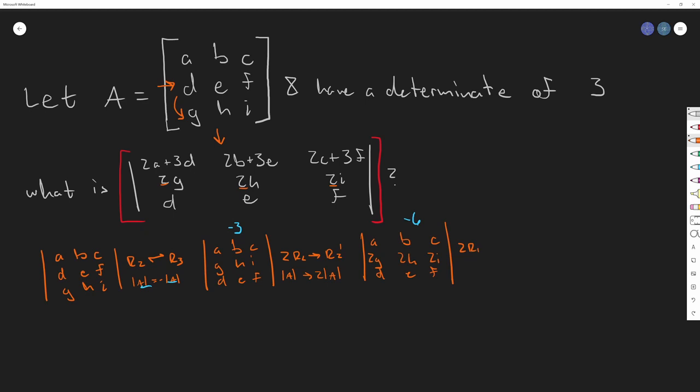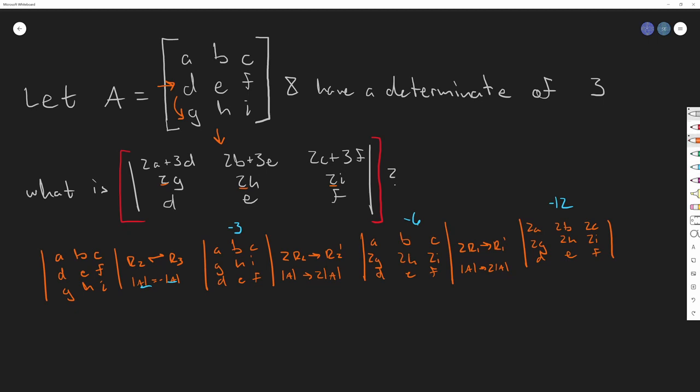So 2r1 equals the new r1. Like in the previous step, the new determinant would just be twice what it was previously. So that would be 2a, 2b, 2c, and then 2g, 2h, 2i, and then d, e, f. Our determinant will now be twice -6, which would be -12.